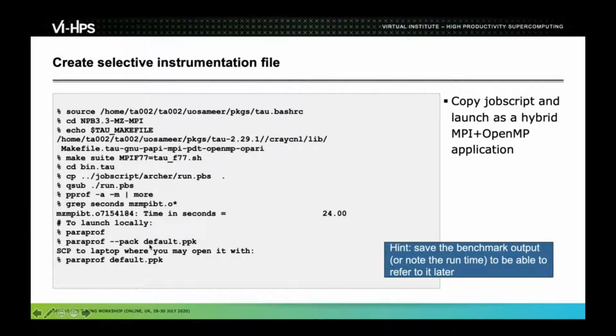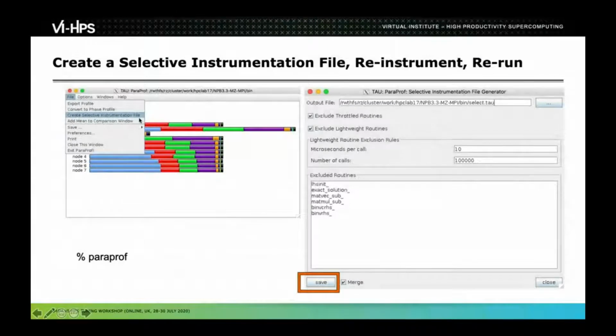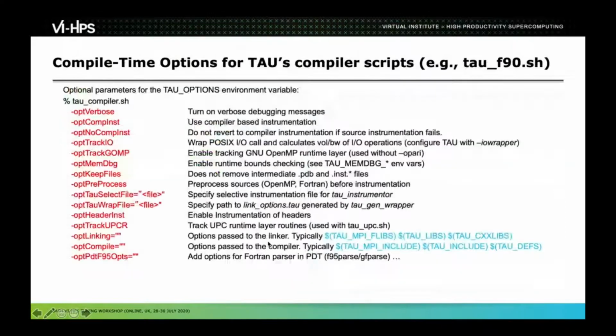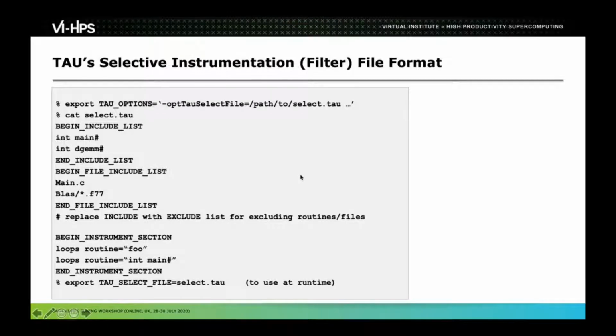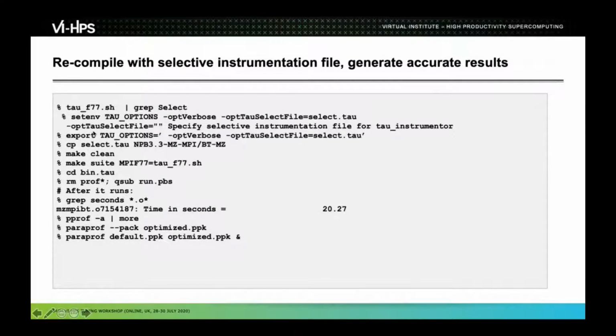I can launch this, go to paraprof, and create a selective instrumentation file, save it, transfer that file over, and then use the option such as opt-tau select file equals select.tau. This has an exclude list, so instead of include, it has exclude.